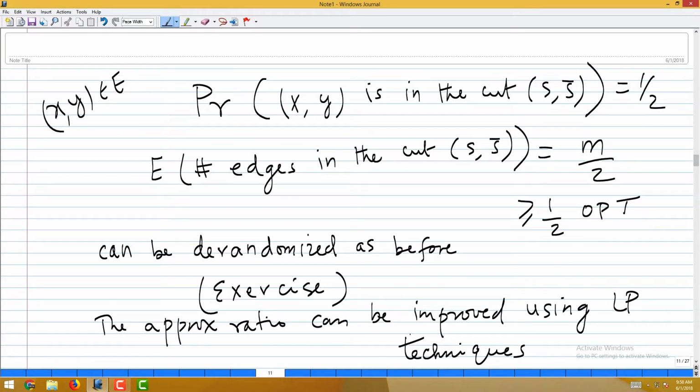Again, linear programming and an even more extended version called semi-definite programming, which has been picked up in the last 10 years, using which the approximation ratio has been improved from half to 0.878 or something. You can bring it close to 1. So, you can find a cut which has a large number of edges compared to the optimum.